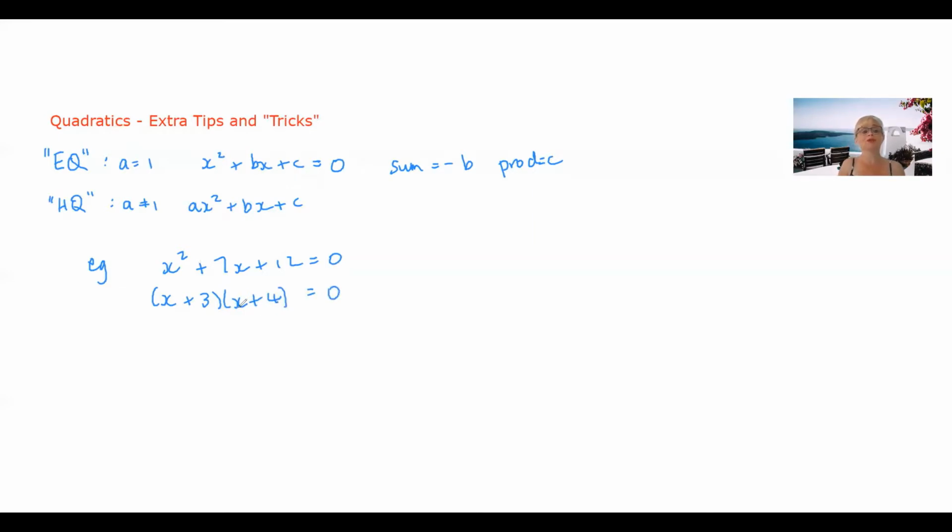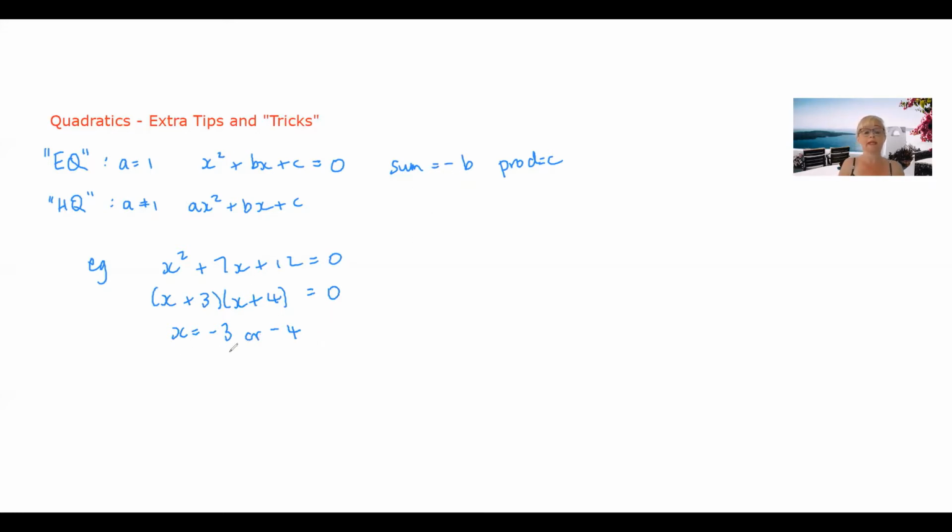Now you will notice that when we use our null factor law, if this product equals 0, then either x plus 3 must have been 0 or x plus 4 must have been 0. So x is either -3 or -4. Now notice here the change of sign, S-I-G-N sign, not S-I-N-E sign. So bear that in mind. For our sum, we actually get -b.